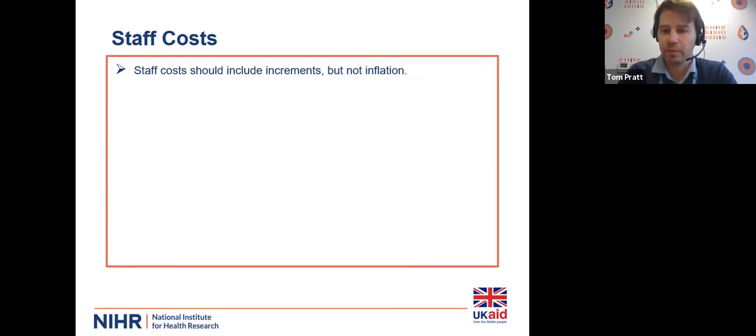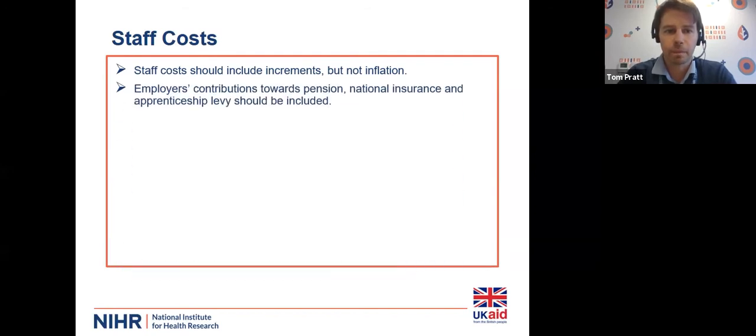Any inflationary uplifts are at the discretion of the Department of Health and Social Care, so should not be included when you're inputting the salary costs for everyone involved. It's not just the salary costs, it can also be on-costs that can be requested. So this could include superannuation or pension costs, national insurance, apprenticeship levy, and potentially any geographical weighting as well.